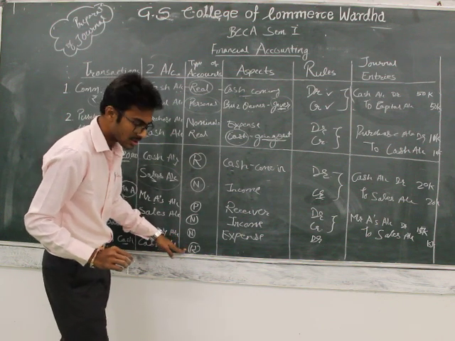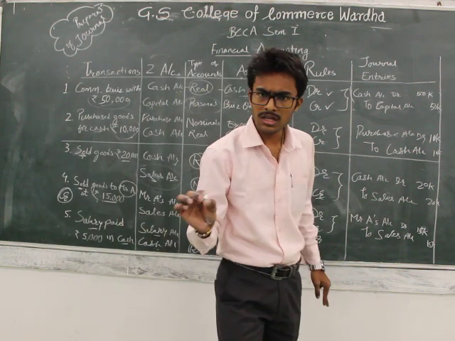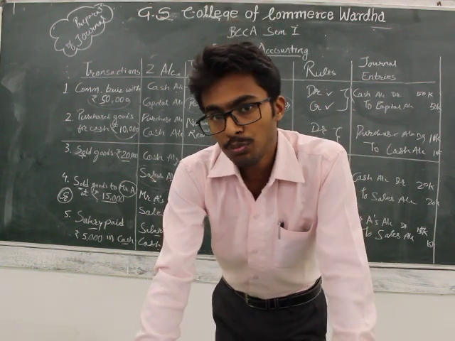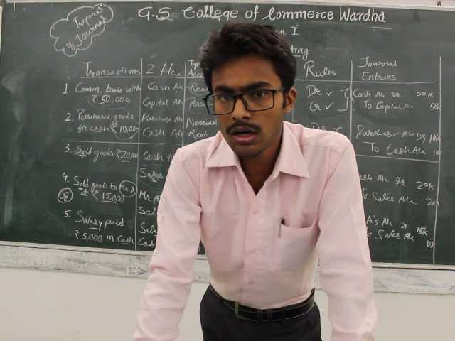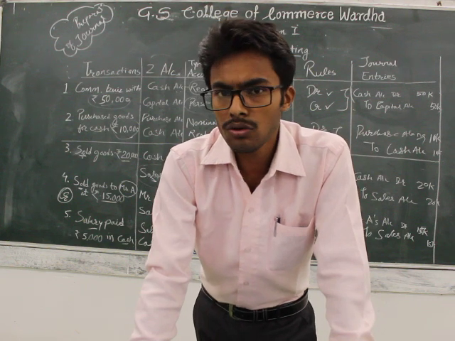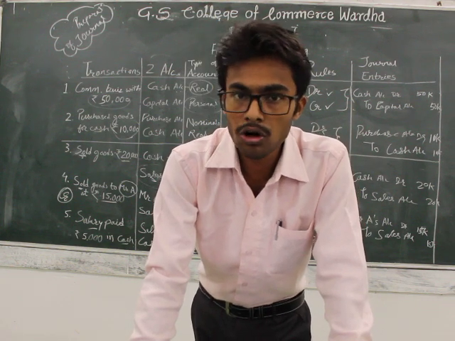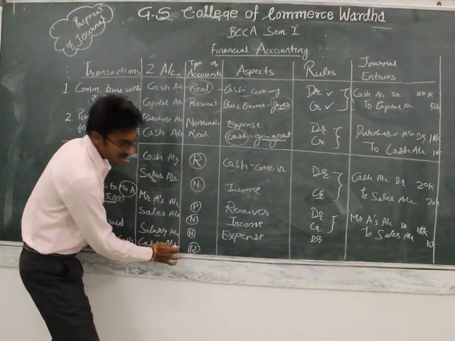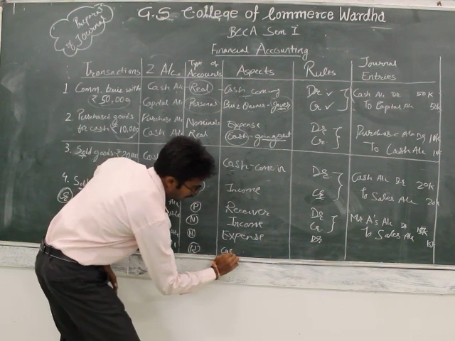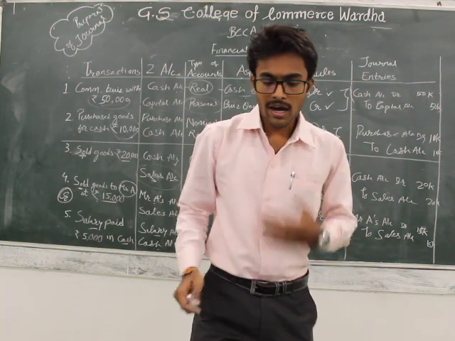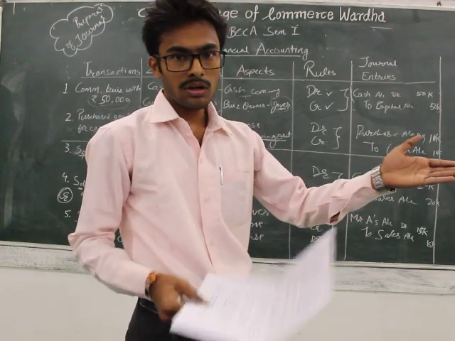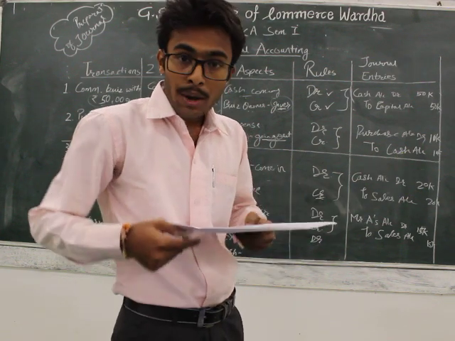And the golden rule for real account, you have to learn, okay, all accounting rules you have to learn, so please repeat with me: debit what comes in, credit what goes out. So this cash is coming in or going out? If I am paying, let's assume this is cash, my employee is in front of me and I am paying cash.